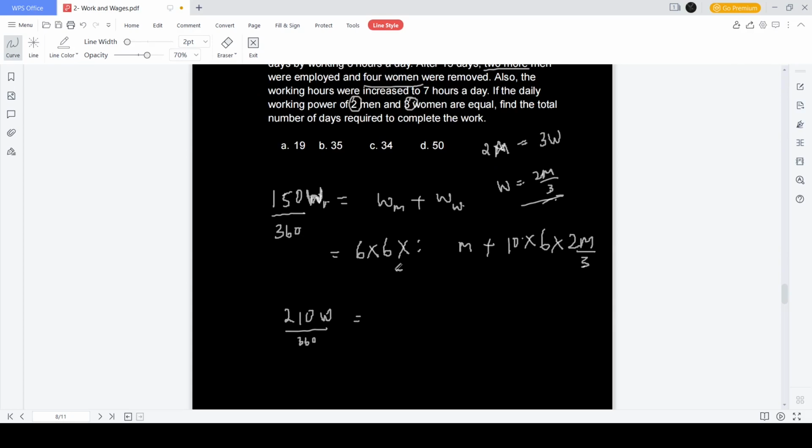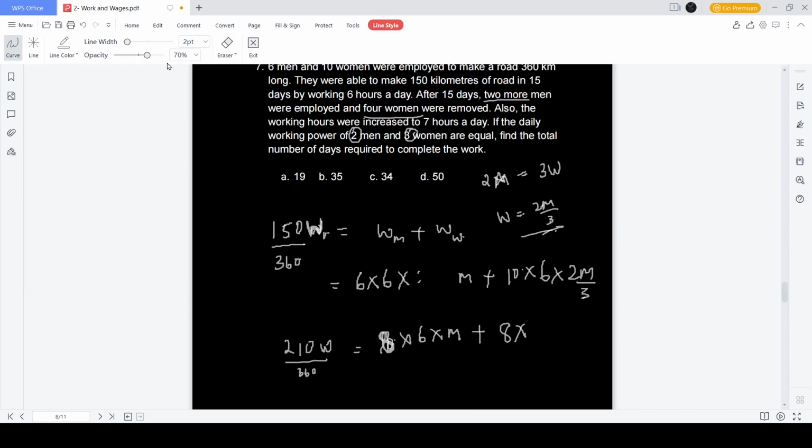So the number of men became 8 here, into the number of hours, into the working power of one man, plus 6 women. They worked for 7 hours a day, so this becomes 8 into 7 into m, plus 6 into 7 into 2m by 3. These are my two equations.